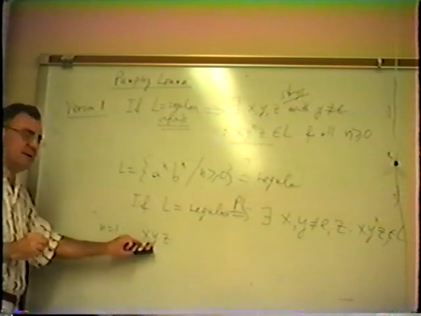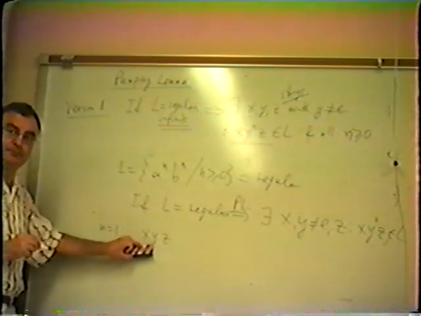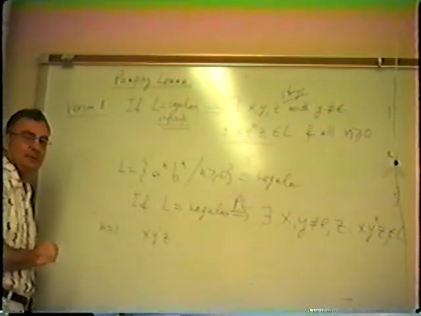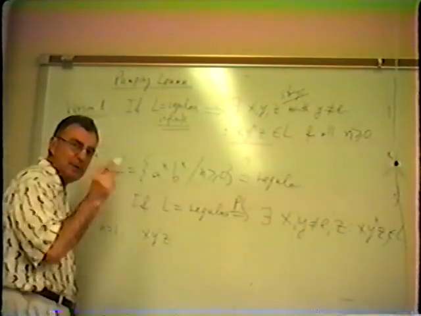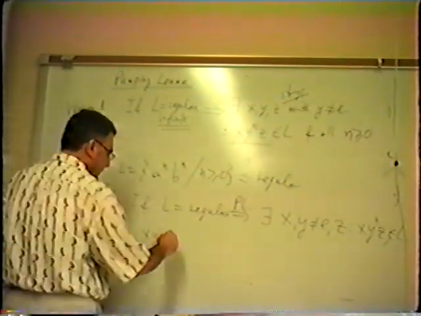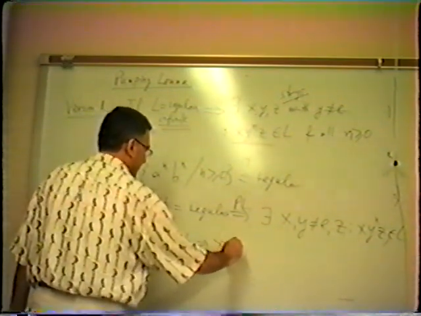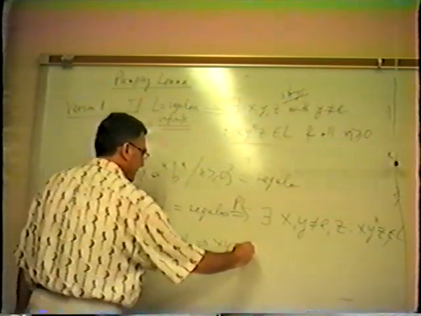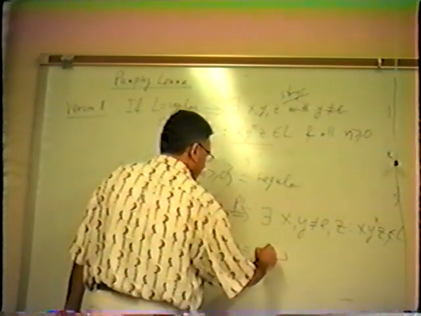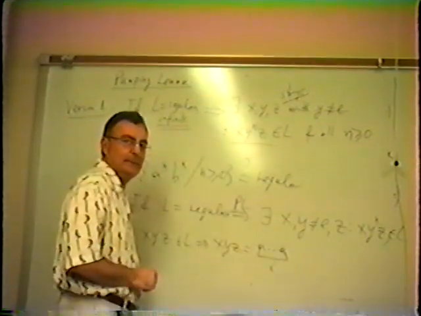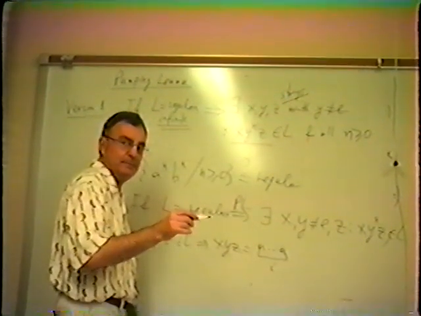For n equals 1, this has to be in the language. And for every n up here, this has to be in the language, right? But x, y, z must be in the language, which means x, y, z must be a sequence of a's, say i a's, followed by the same number of b's.